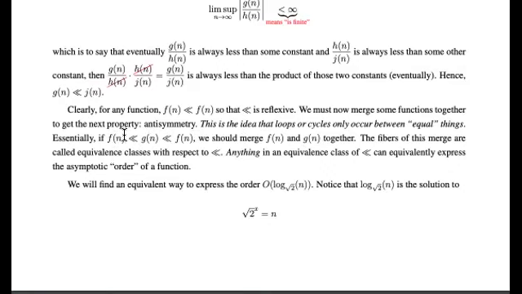So if we ever have this happening, we just merge them together, and then we have a poset. The fibers of this merge are equivalence classes with respect to that. Anything in the equivalence class can equivalently express the asymptotic order of a function. If something is asymptotically less than something else, and back and forth, meaning the ratio one way or the other way is bounded by a constant both ways, then we can say that asymptotically, they behave the same in the way they grow.